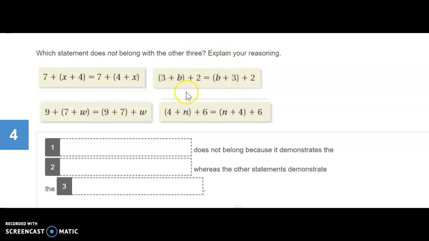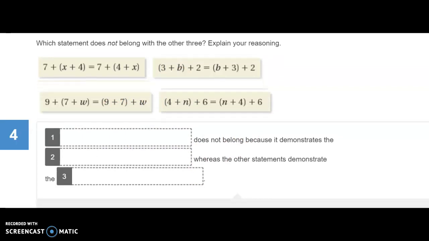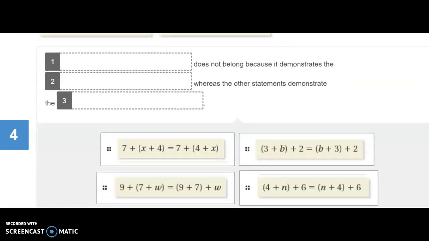They've picked up numbers and changed them around. 4 plus n plus 6, n plus 4. Again, they've changed these around. So these three are all commutative, where this is associative. They've now left the numbers in the exact same order. So this one does not belong with the other ones, because it is associative and the other three are commutative properties.